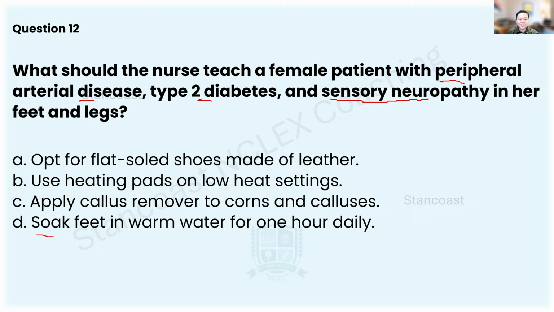If you're going to let them soak their feet in warm water for 1 hour, this is going to lead to skin maceration. One hour of soaking can lead to the maceration of their skin.